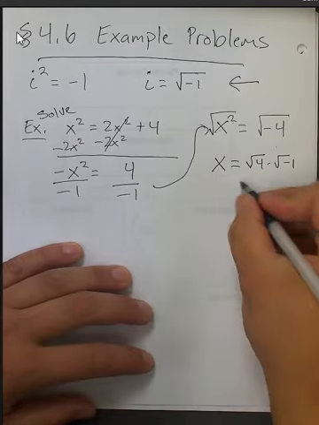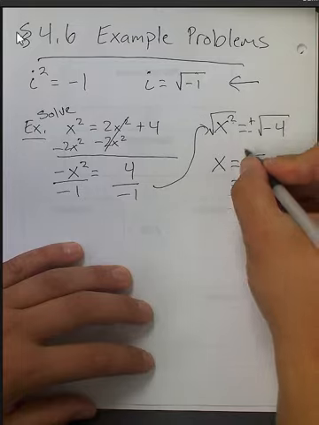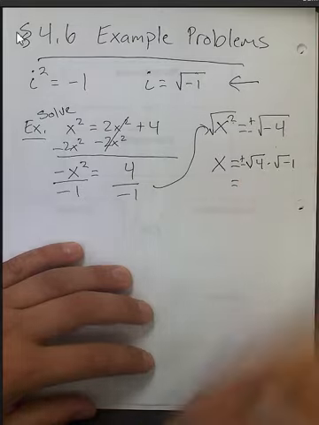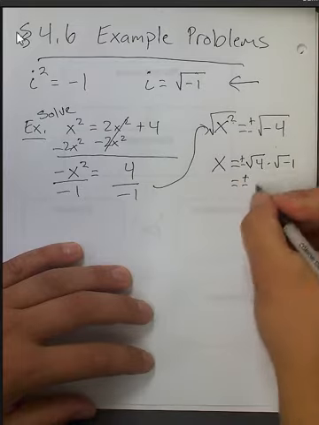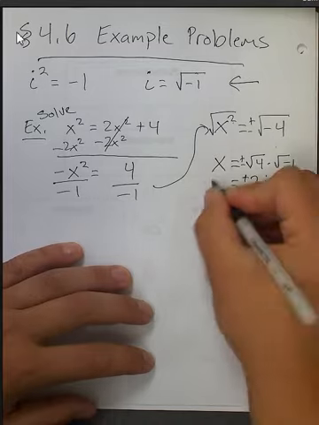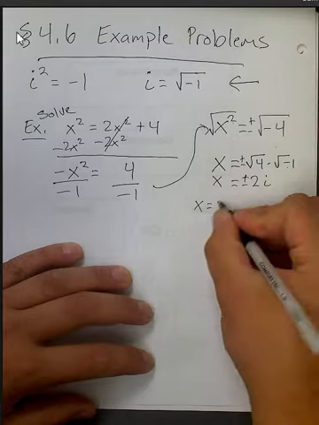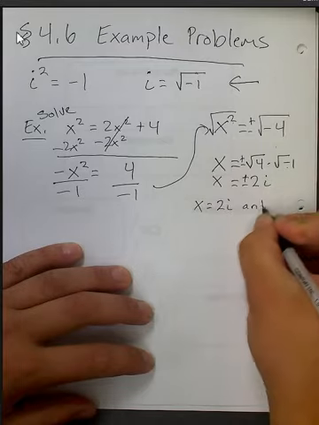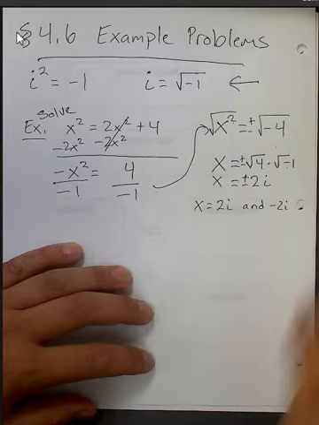And I forgot the plus or minus, don't forget that. This becomes plus or minus, square root of 4 is 2. I'm going to substitute the square root of -1 with i, and I get x is equal to positive 2i and negative 2i. So that's the first example problem.